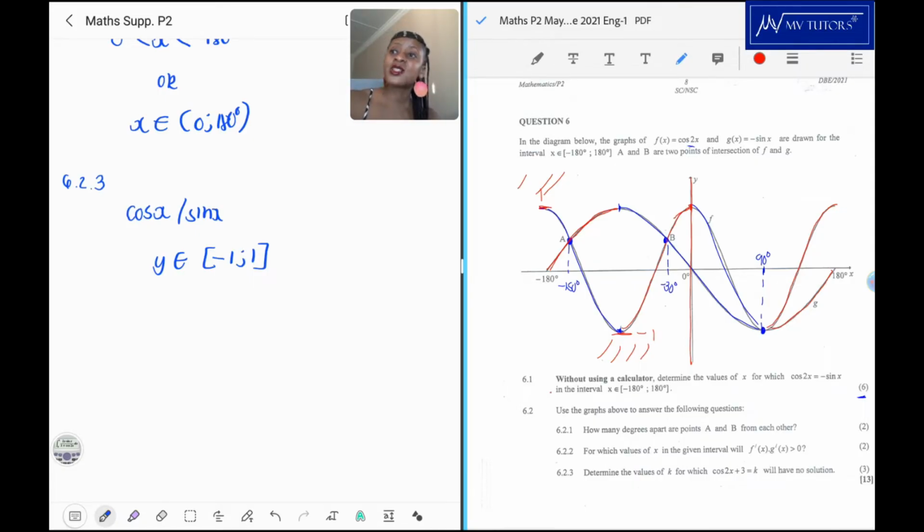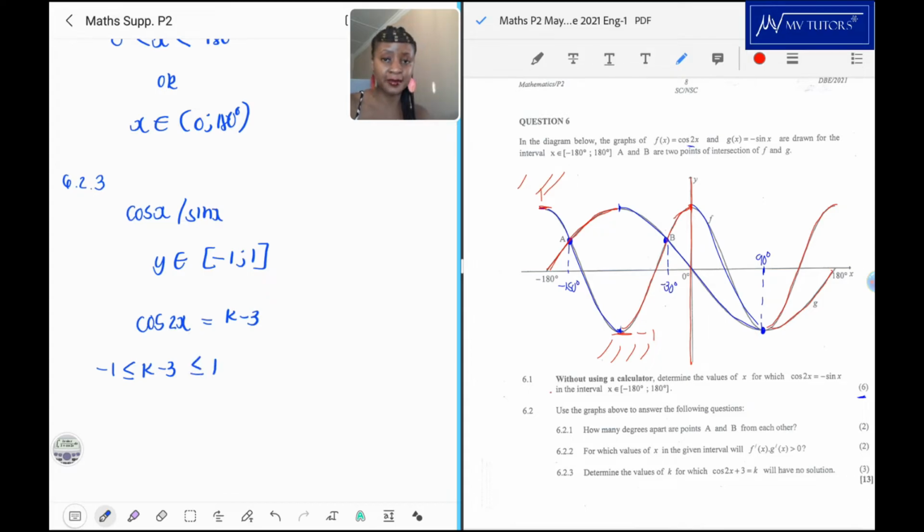So basically, I would rewrite this and say cos 2x equals k minus 3. For me to have a solution, k minus 3 must be between and equal to -1 and 1.